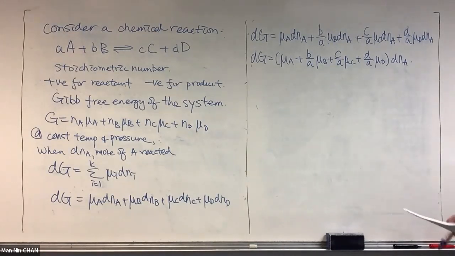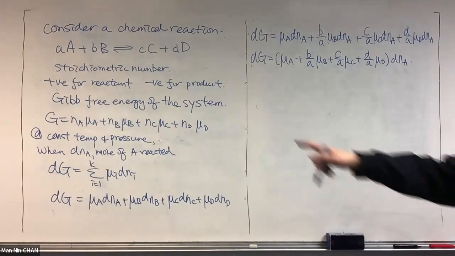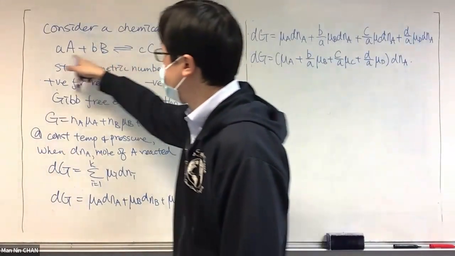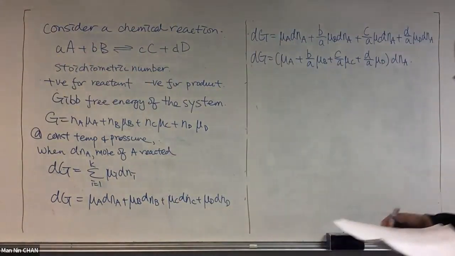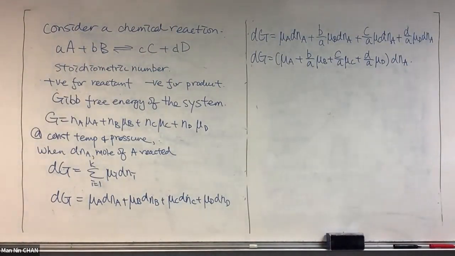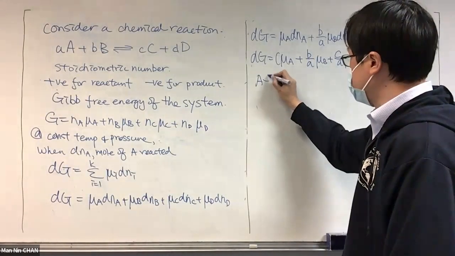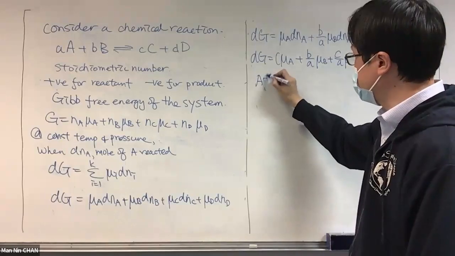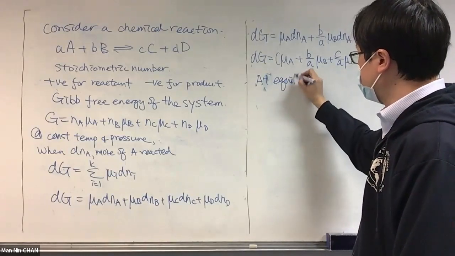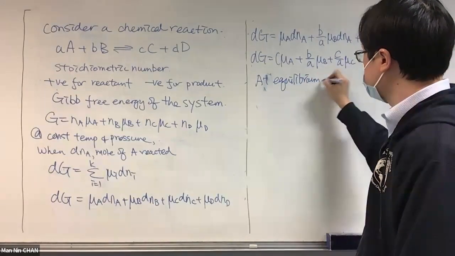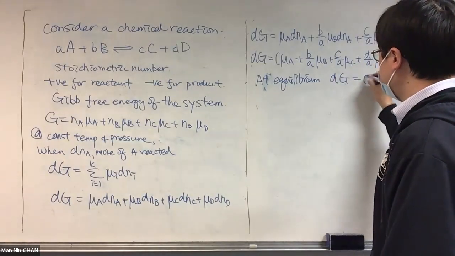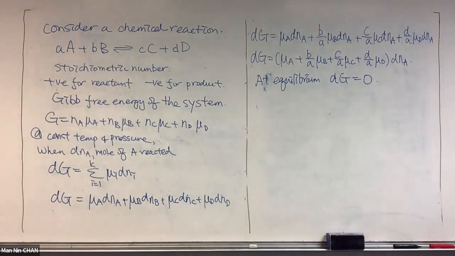Now, if I'm interested in looking at this reaction at the equilibrium state, so to reach equilibrium, the change in the Gibbs energy of my system will be equal to 0.